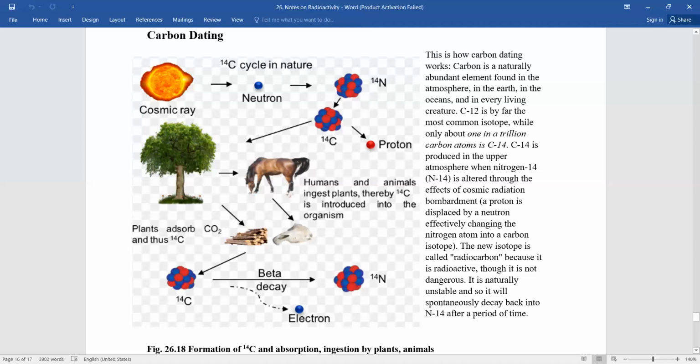If archaeologists are getting their bones, any sample, then they are finding the age of them using the carbon dating process.